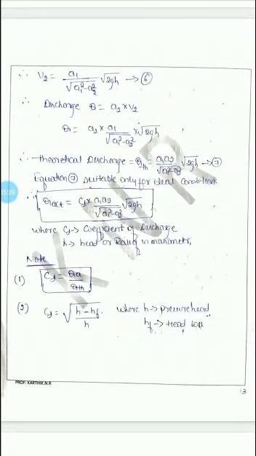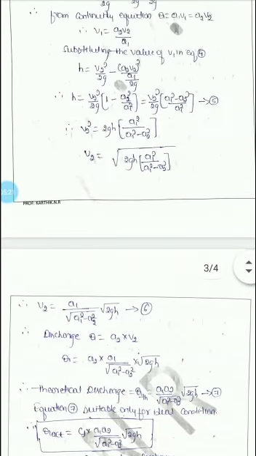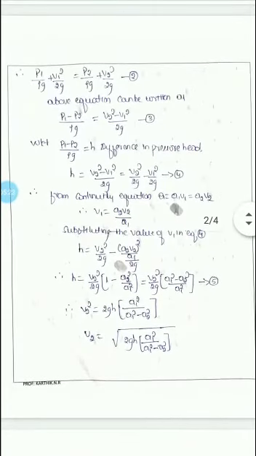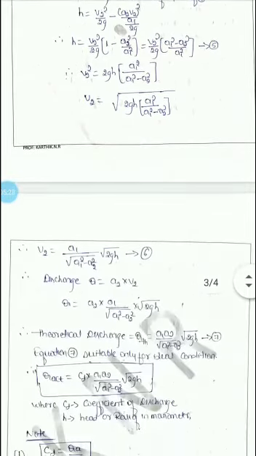From the continuity equation, discharge is equal to A2 into V2. You could also take A1 into V1, but while deriving this equation we considered V1 from the continuity equation, and then derived V2.